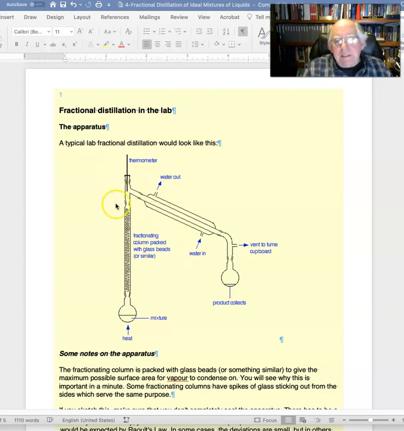Eventually a vapor that has a high concentration of the more volatile component makes its way up to this point, and then as it travels down here, there's a cooling water jacket that can cause condensation to occur, and then the products are collected at this particular point.